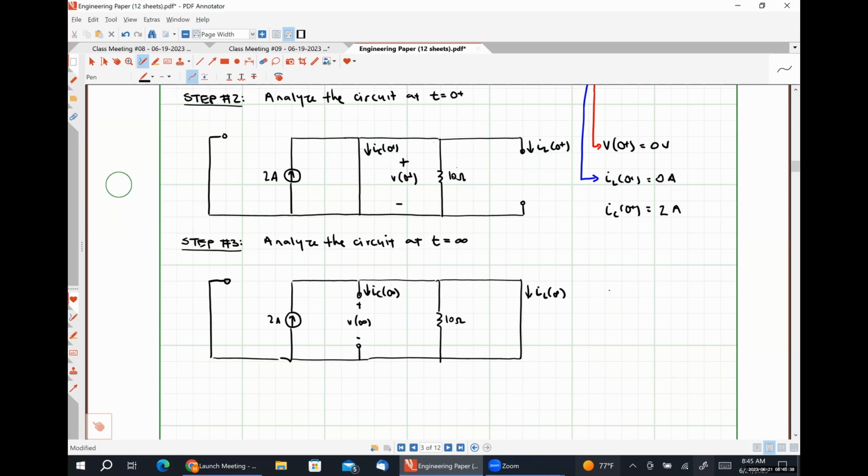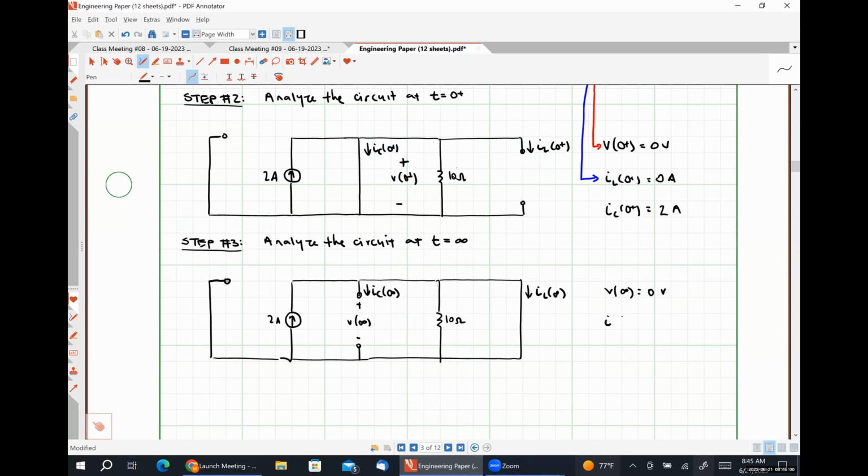So V at infinity here is going to be 0 volts, because since my resistor, capacitor, and inductor are in parallel and my inductor looks like a short circuit, the voltage drop across that inductor must be 0. So V is equal to 0.